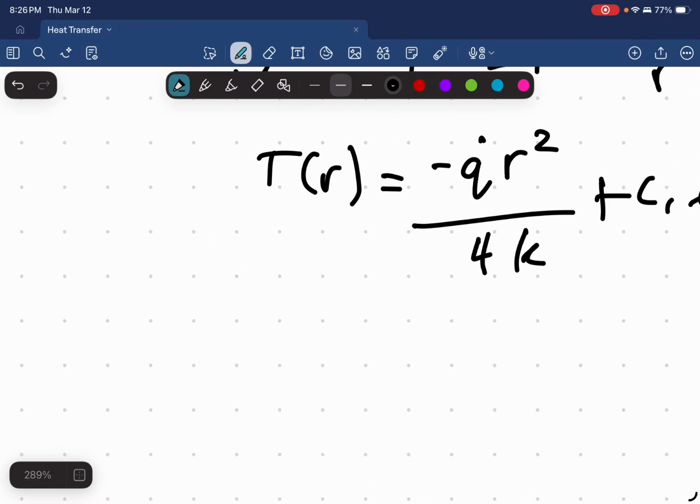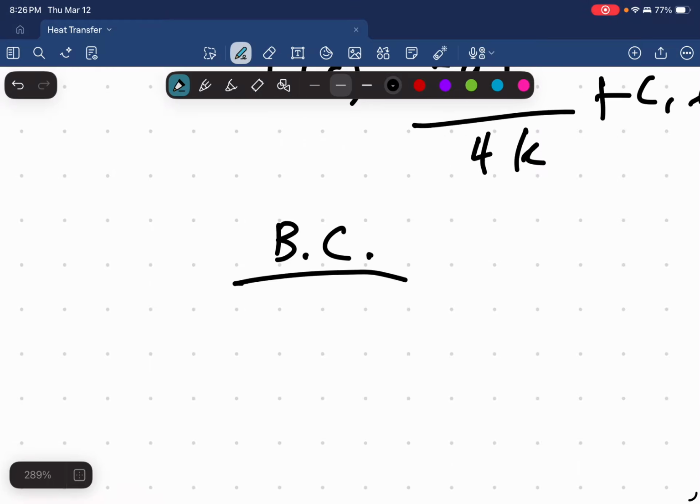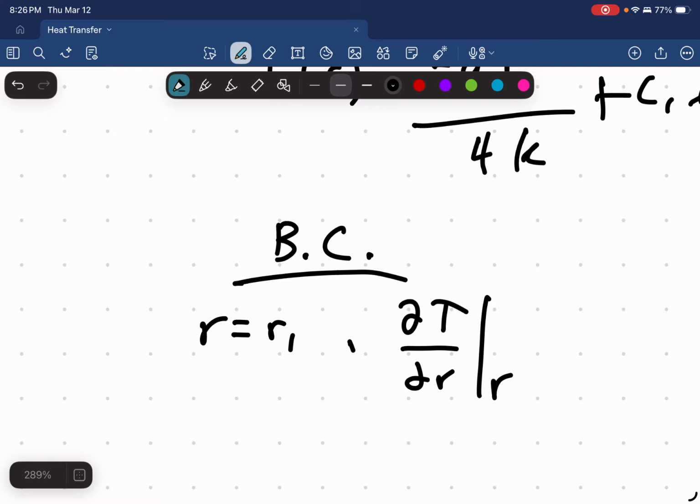So for the boundary conditions, since we're using a cylinder that has heat gen at radius 1, we're going to say that for R equal to R1, the change in temperature with respect to the radius at R equal to R1 is equal to 0. This is saying that since heat gen is generating at R1, there is a 0 change in temperature at that radius.